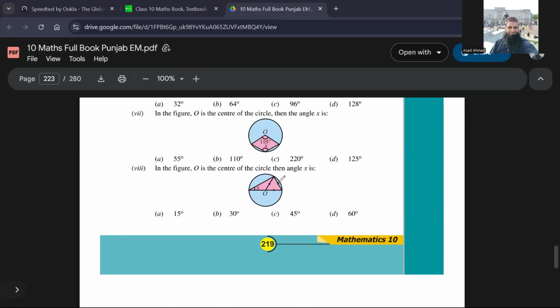O is the center, and it is visible in the diagram that in this case all three are equal. So this portion will become an equilateral triangle. In that case, equilateral triangle has each angle of 60 degree, right? So each angle will be of 60 degree.